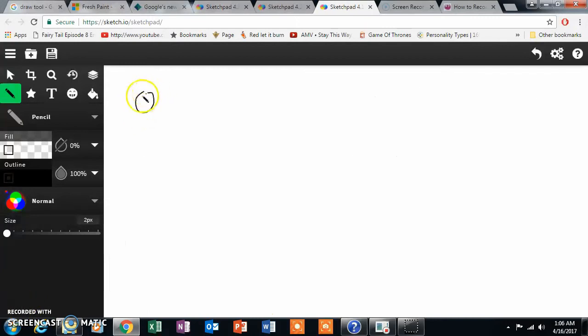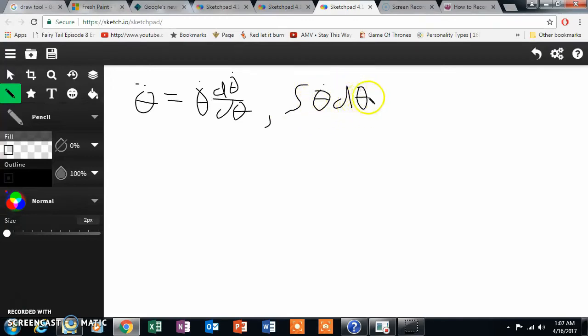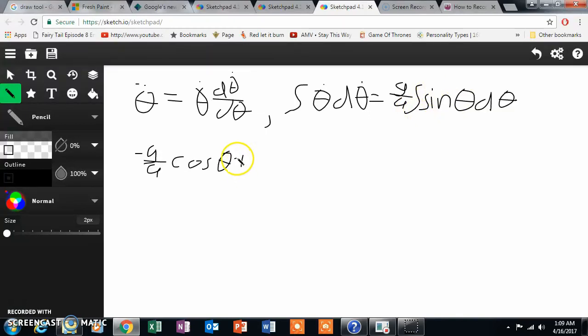So we know that theta double dot is equal to theta dot times d theta dot d theta. And the integral of theta dot with respect to theta dot is equal to g over a times the integral of sine theta with respect to theta.